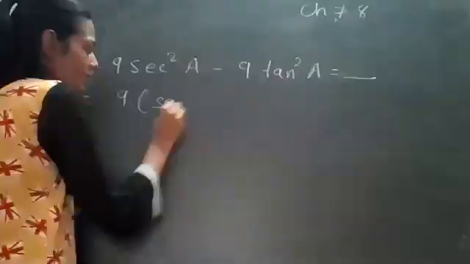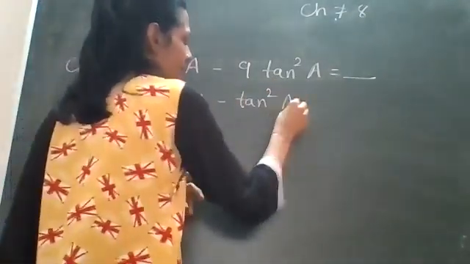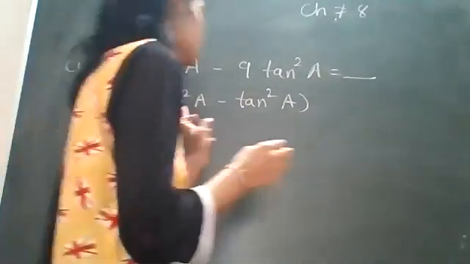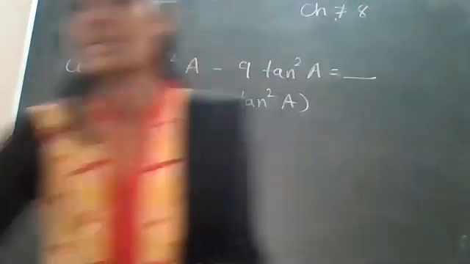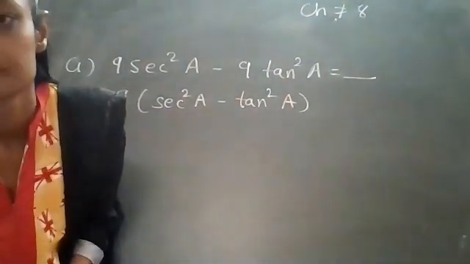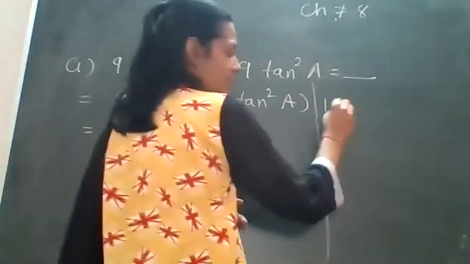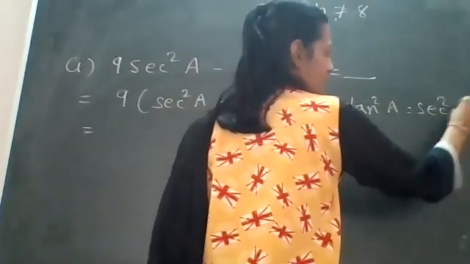What is remaining? Sec square theta minus tan square theta. Right? So what can we put instead of sec square? If you remember, we have one identity already: 1 plus tan square theta is equal to sec square theta.